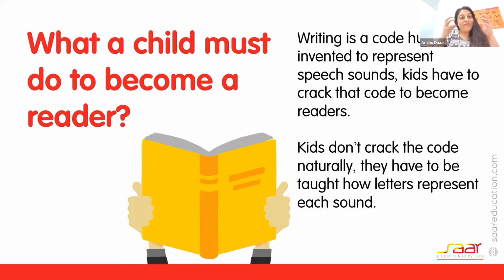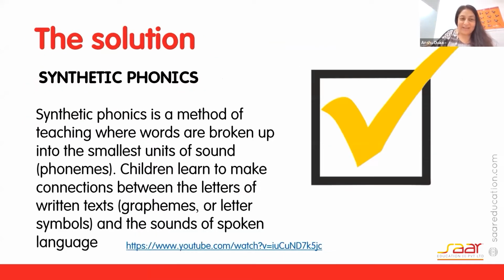There are only few things that a child has to remember, but the child will be able to make many words. Okay. So this approach helps the child to crack the code naturally, and they just do it with whatever letters have been taught to them. Any word can be made. And this approach is known as the systematic synthetic approach to teaching English language.